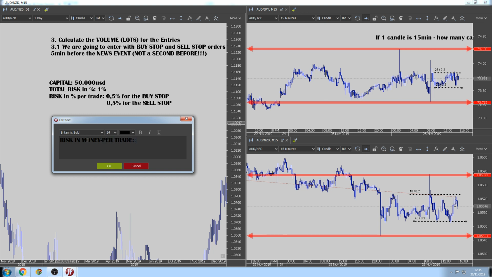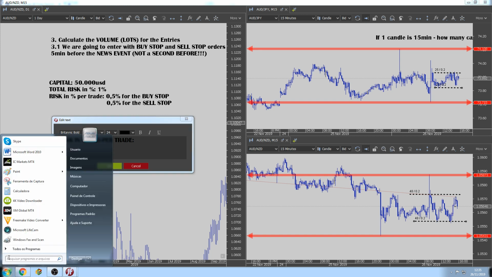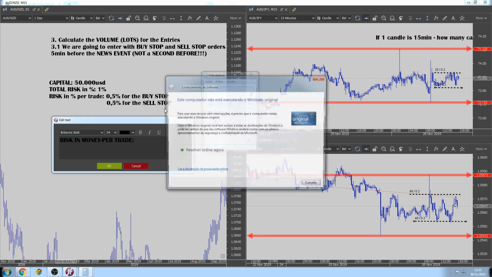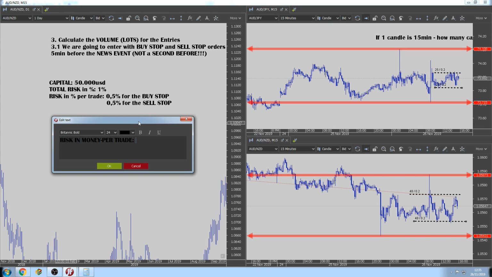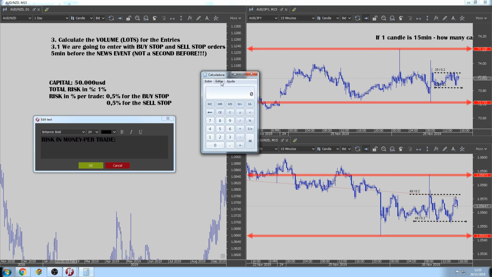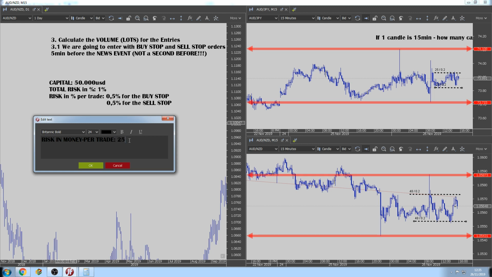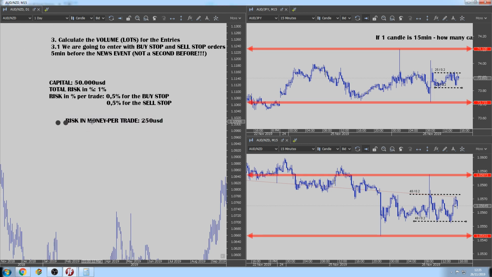I need to calculate how many dollars or euros or whatever I want to risk. So how much is 0.5% of 50,000? Akos says 250. So 50,000 times 0.5%. Thank you, Akos. So it's 250. Risk in money is 250 USD.